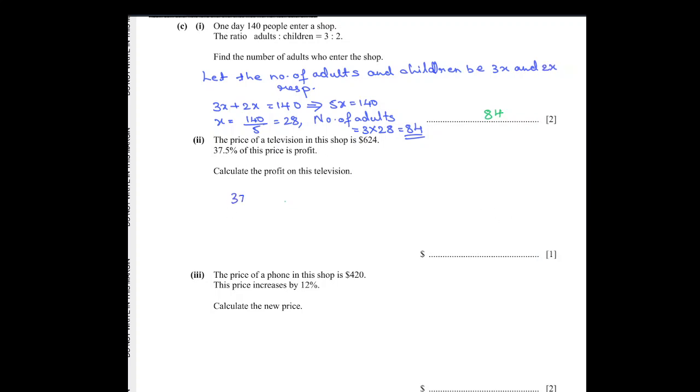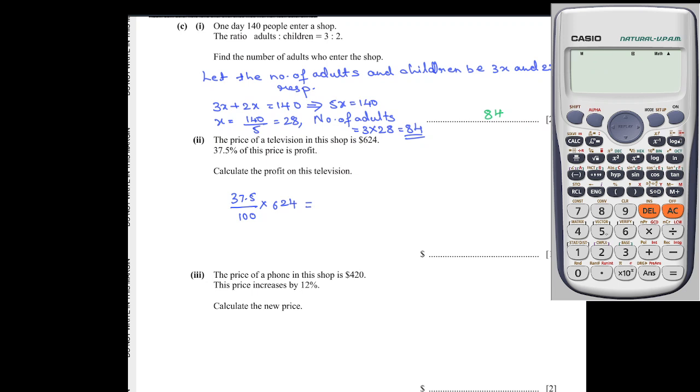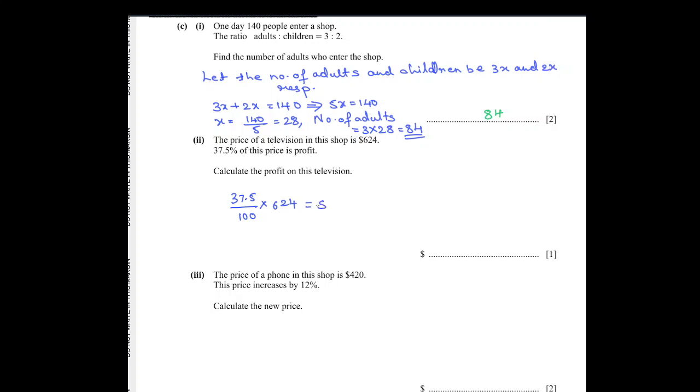So 37.5 by 100, because it is percentage, multiplied by the original number, which is the price of the television. 37.5 by 100 into 624 is 234. This is the profit when they are selling this television.